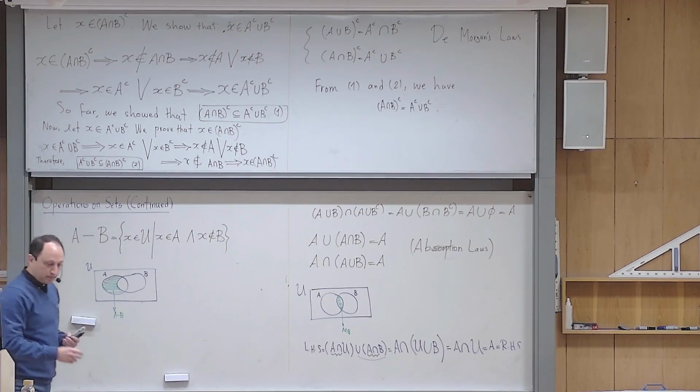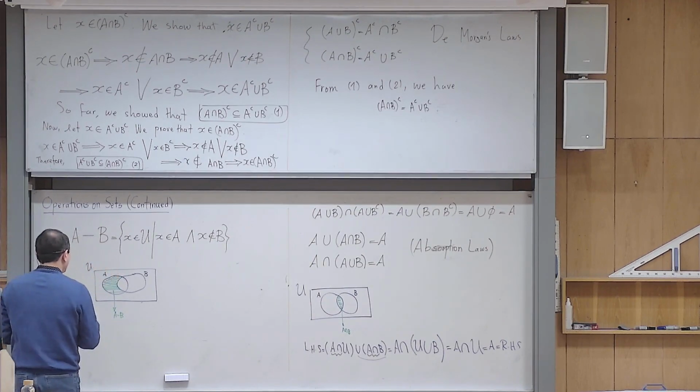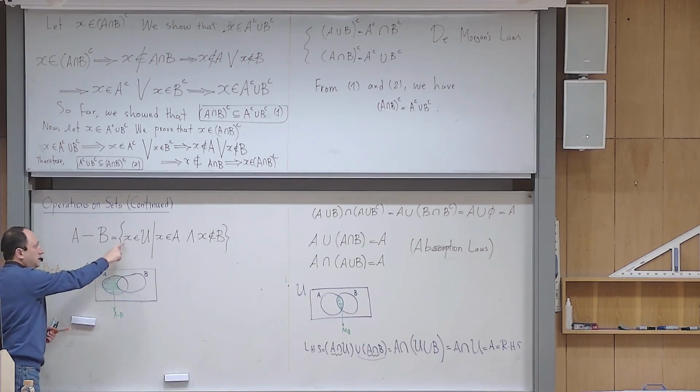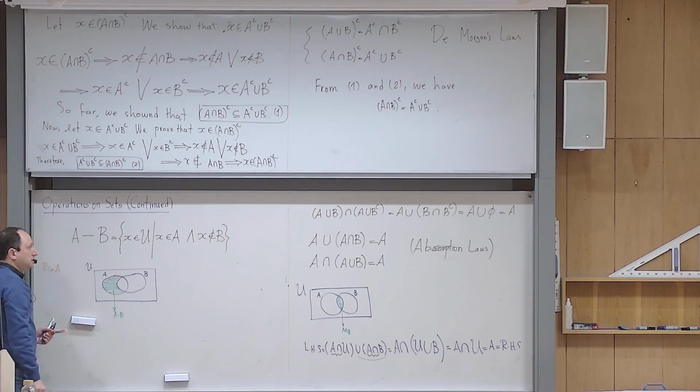For example, if I ask you, can you color B minus A? Do you think it would be the same or it will be different? Different. It will be different because now this is the first set, this is the second set. So how do you read it in English? It means I am interested in all elements which belong to the first set but do not belong to the second set.